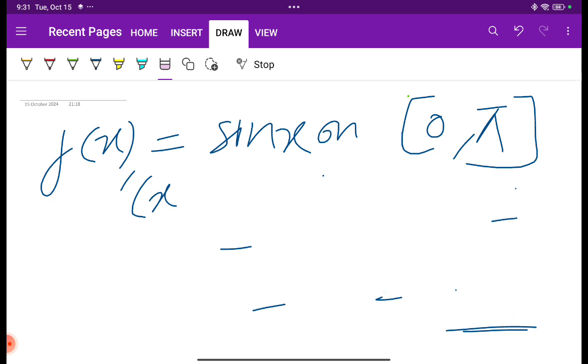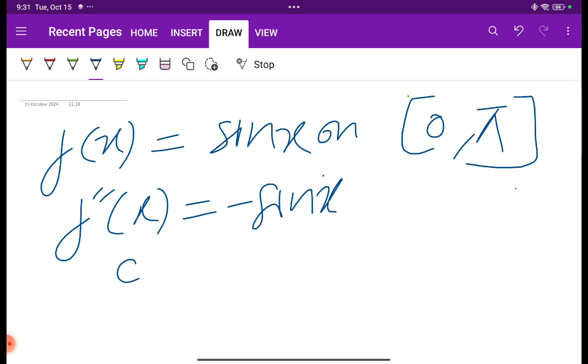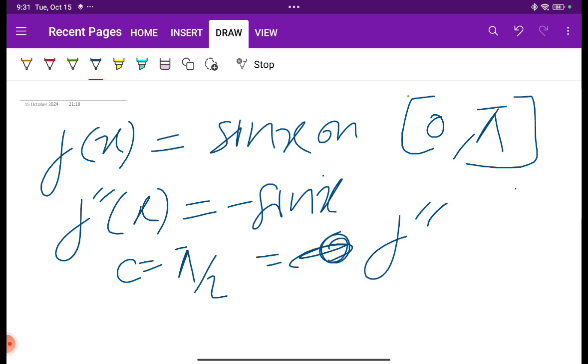Now we will do the second derivative test. If we double differentiate, cos x gives us minus sin x, and we know the value of c is pi by 2, and again we get 0. f''(c) is 0, which implies the graph is linear.